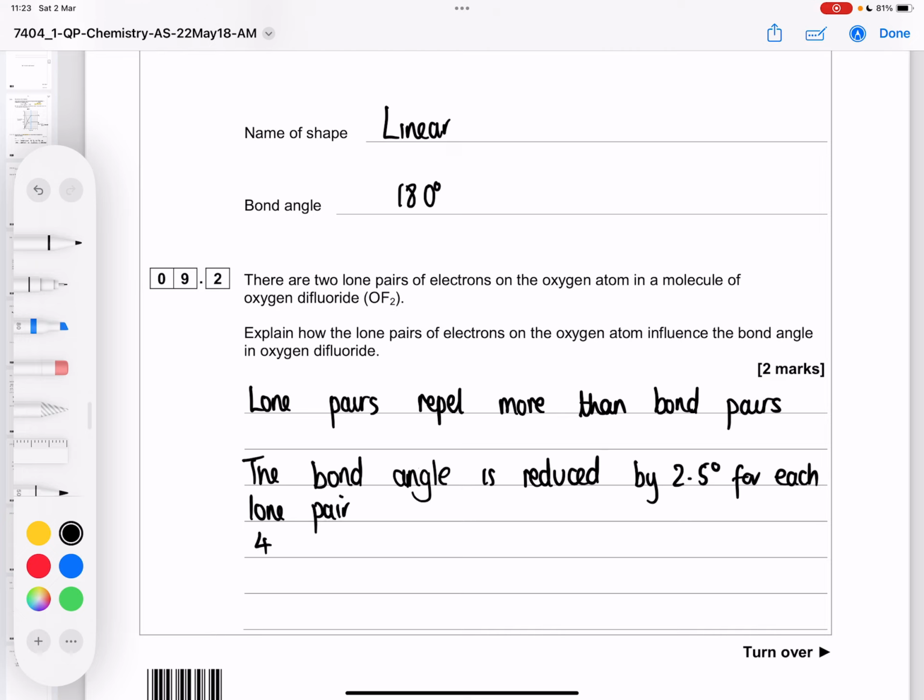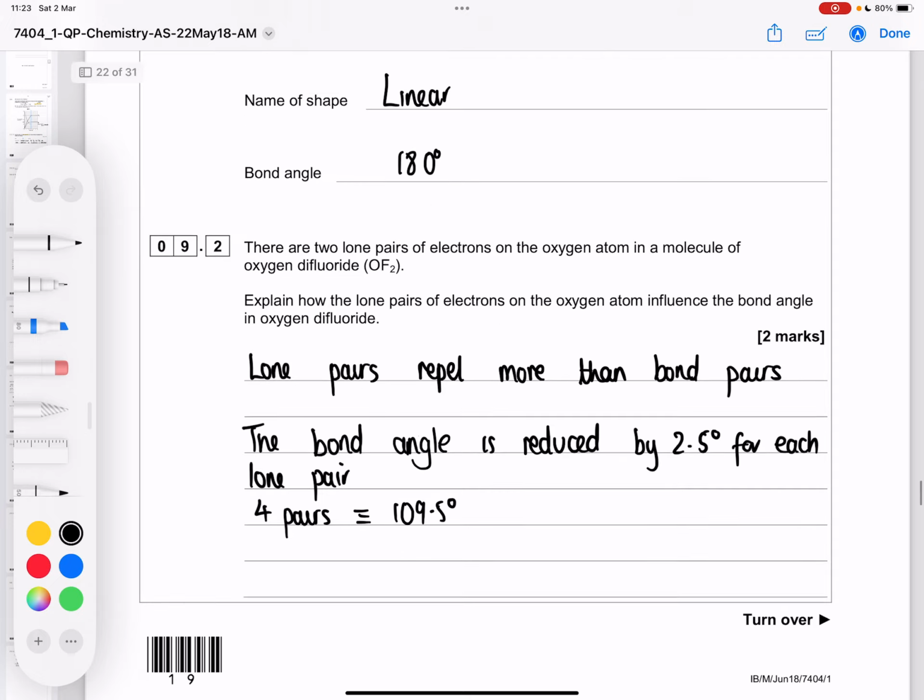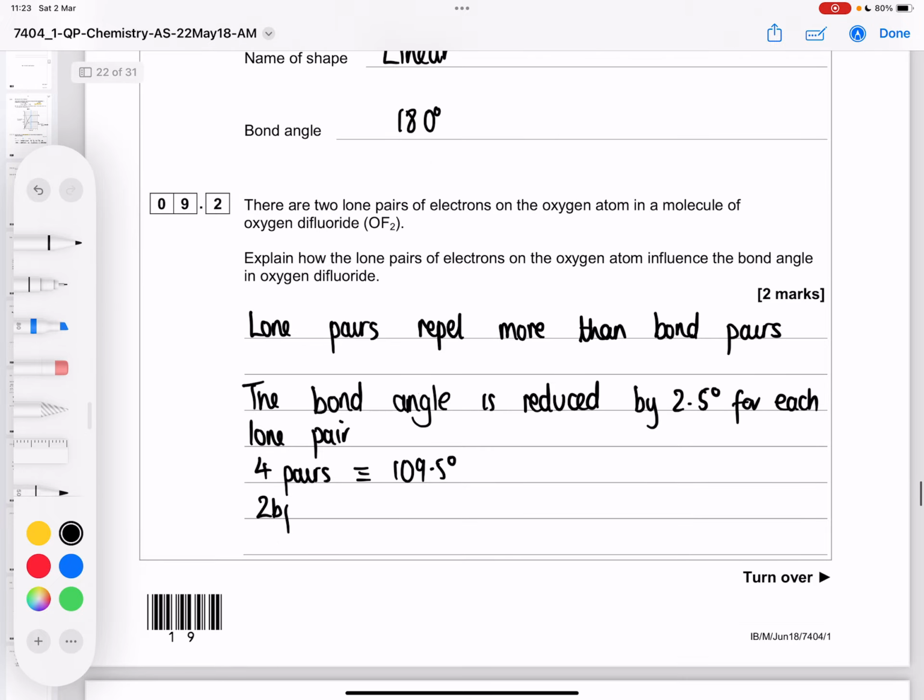So 4 pairs is usually equivalent to 109.5 degrees if they're all bonding pairs, but 2 bond pairs and 2 lone pairs is equivalent to 109.5 minus 2 lone pairs of 2.5. So we're going to end up with a bond angle of 104.5 degrees. It's going to be reduced by the lone pairs.